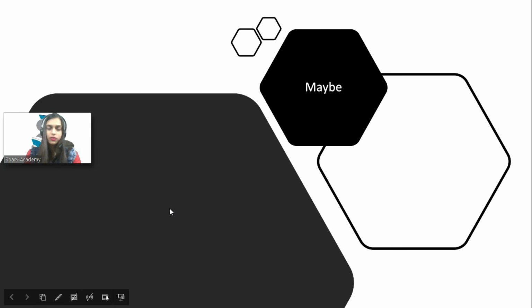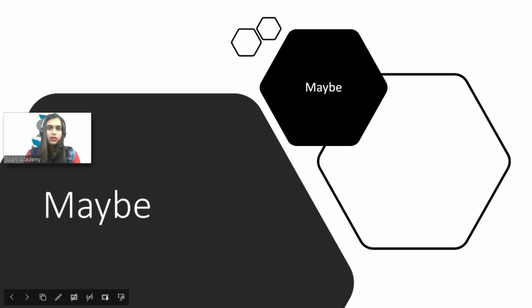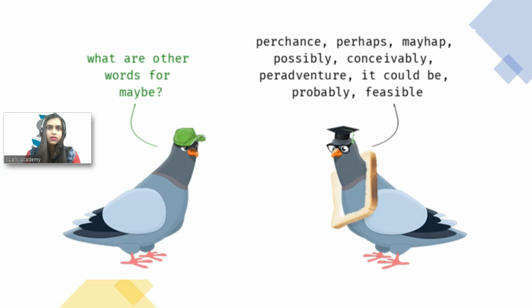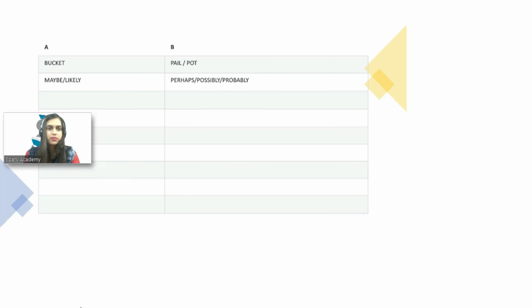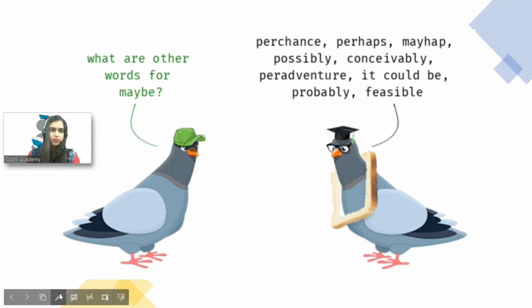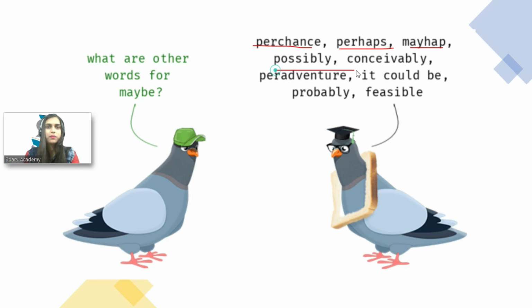And we have some more words for maybe: perchance, perhaps, mayhap, possibly, conceivably, peradventure, it could be, probably, and feasible.